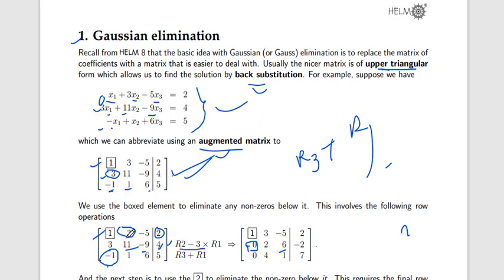Simply, we add the first row into the third row, so we will get 0. So R3 plus R1: 3 plus 1 gives 4, -5 plus 6 gives 1, 2 plus 5 gives 7. So in the first column, below the first row, we get 0.